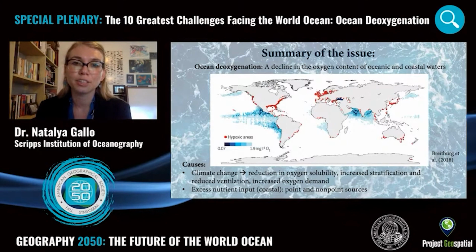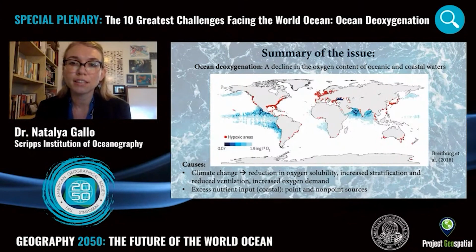All of the red sites show coastal hypoxic areas, which have increased rapidly in number and are sometimes referred to as dead zones because they are often associated with mortality events of fish and other hypoxia-sensitive animals. In blue, you can see the regions of the ocean which already have hypoxic conditions at certain depths of the water column.